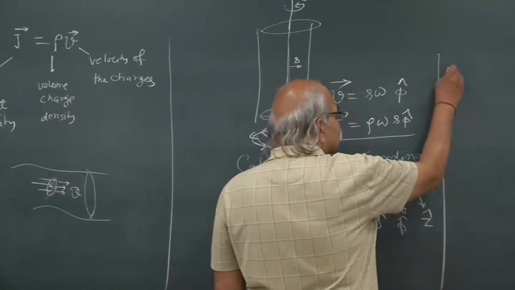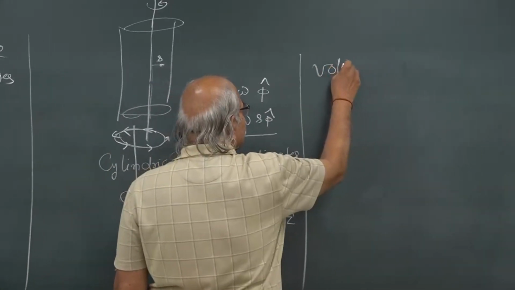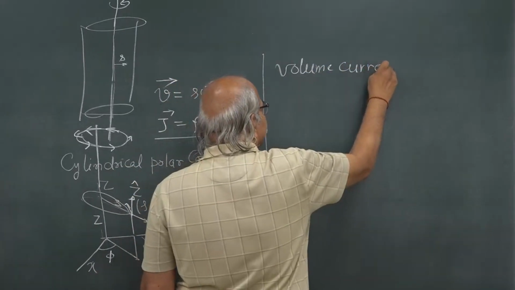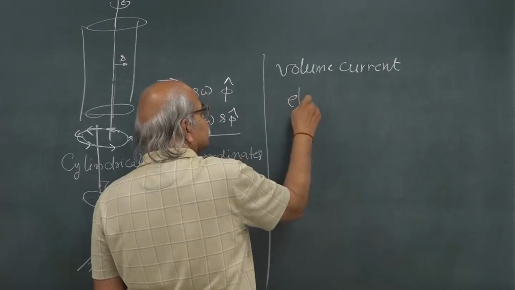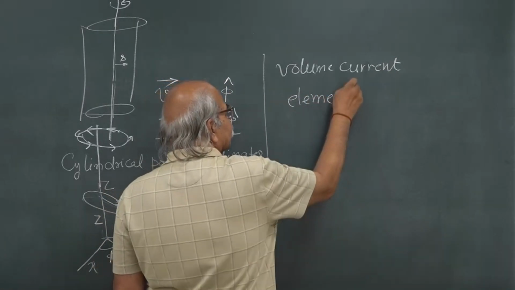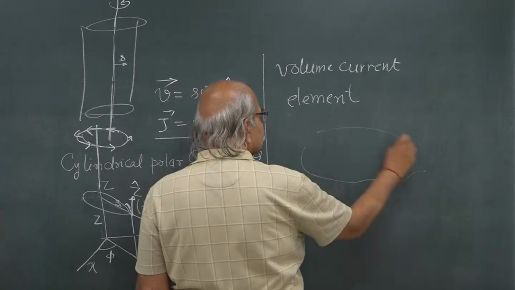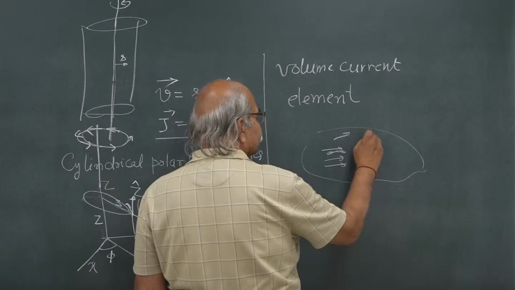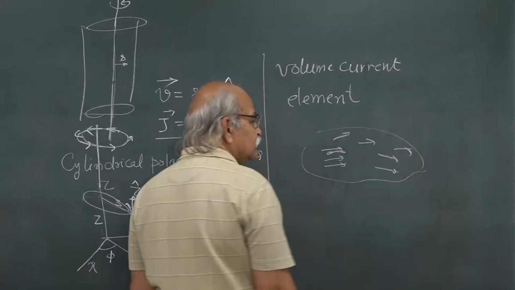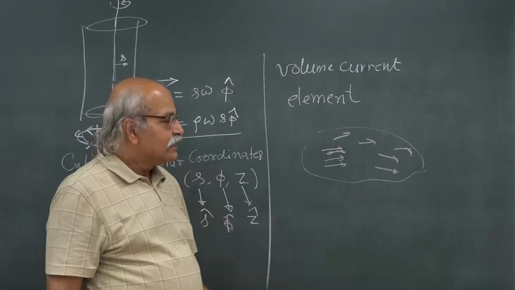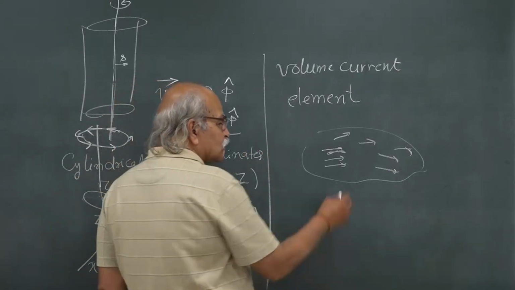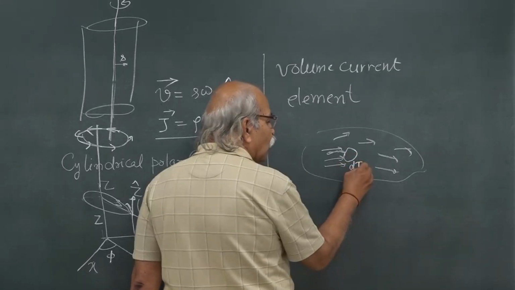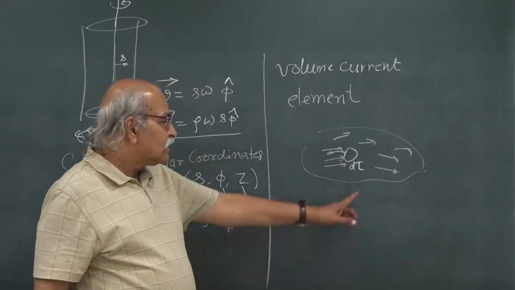There is another term which will be used, and this is the volume current element. What is that? You have a certain volume, and the current is there, the charges are moving. In this volume, you take a small volume which will be written as d tau. This is the Greek letter tau.